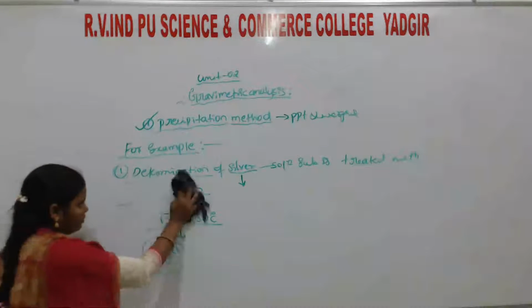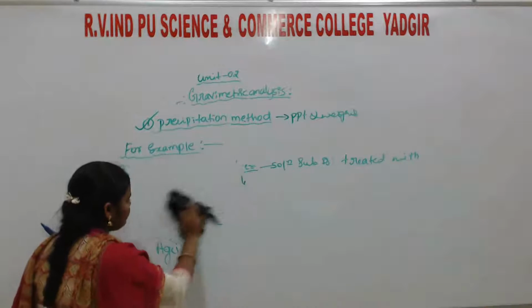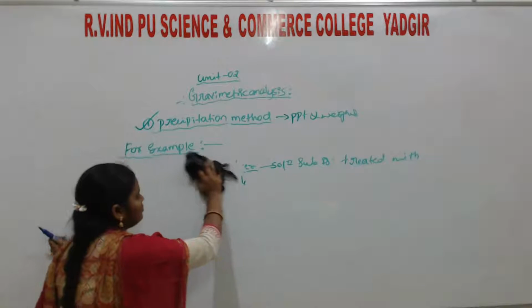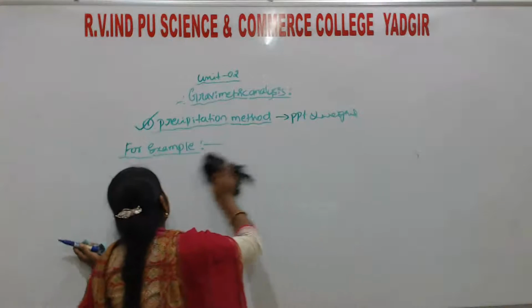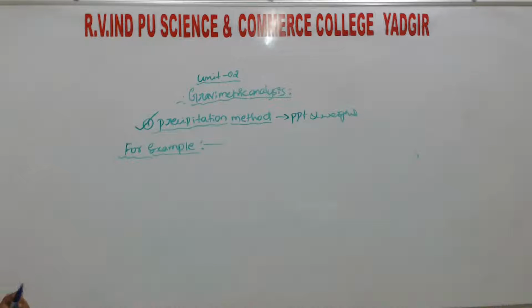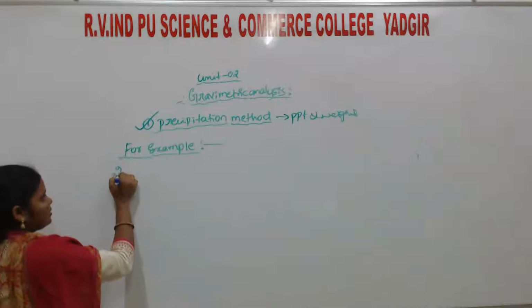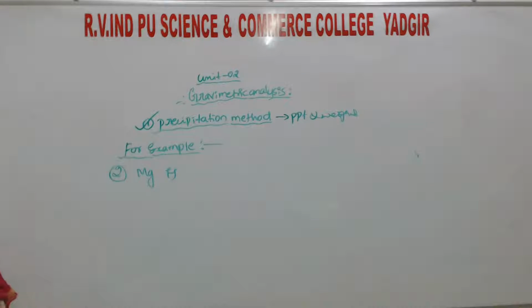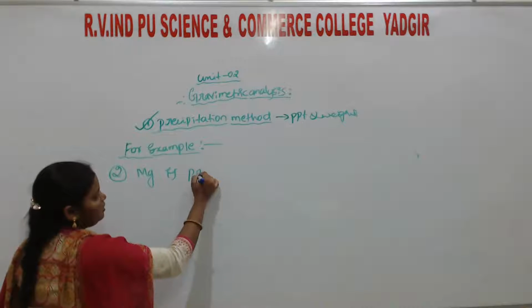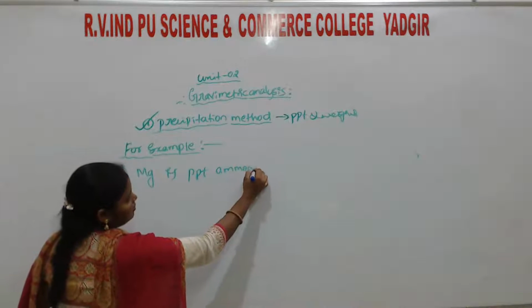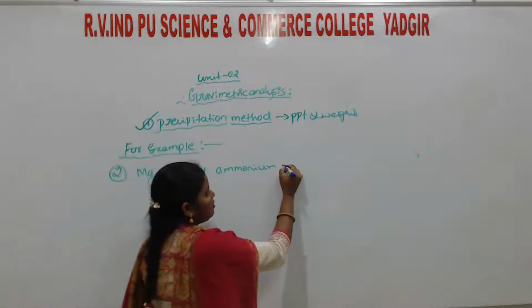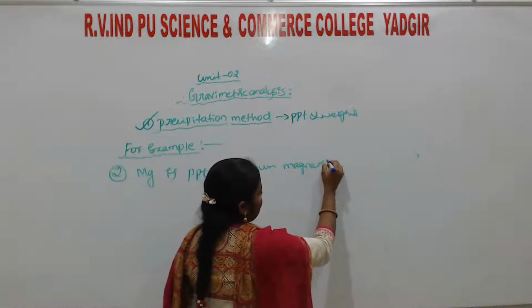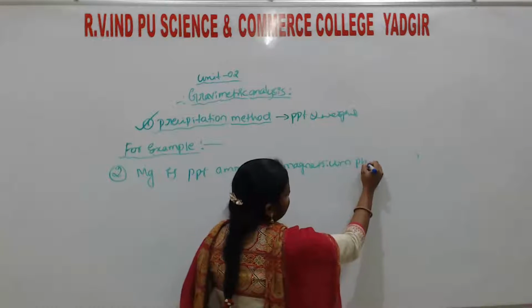For example, magnesium is precipitated as ammonium magnesium phosphate.